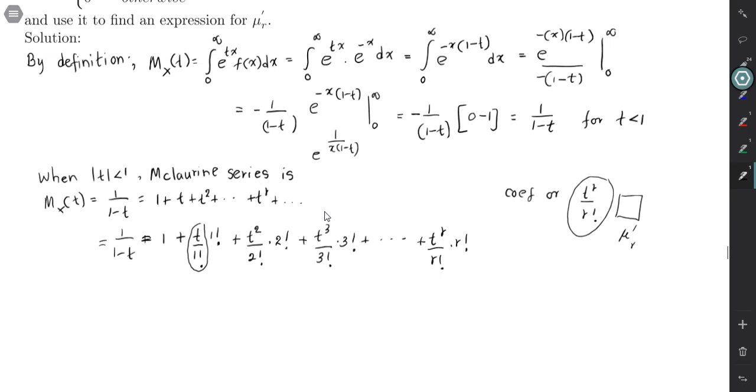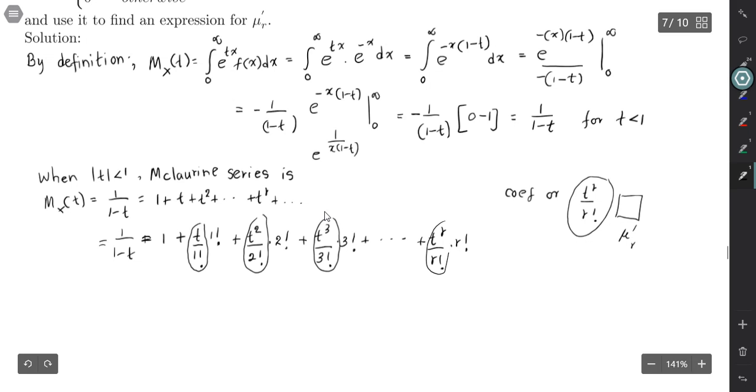So the coefficients of these terms, here's the first coefficient. That will be the first moment about the origin. This will be the second moment about the origin. This will be the third moment about the origin. This will be the rth moment about the origin.